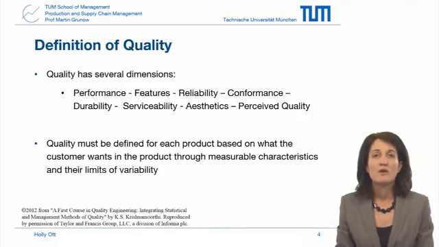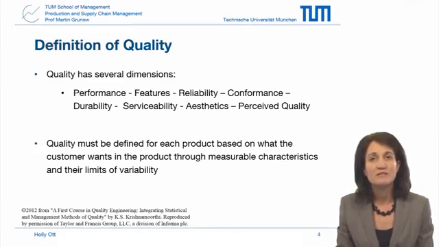We talked about how product designers take these needs and expectations into account, and then they select features of the product to create a design. The target and limits of variation for these features are then selected so that the product can be produced at a reasonable cost while meeting the customer's needs. So these product features, which must be measurable, are called then the quality characteristics.